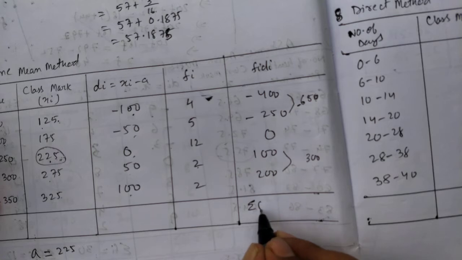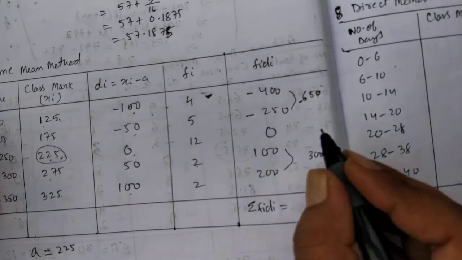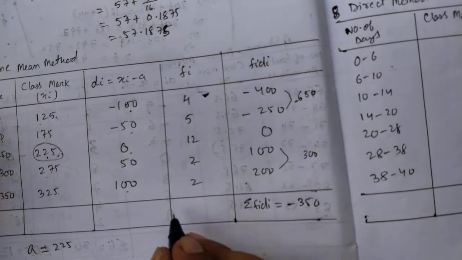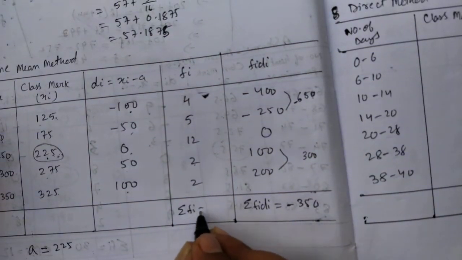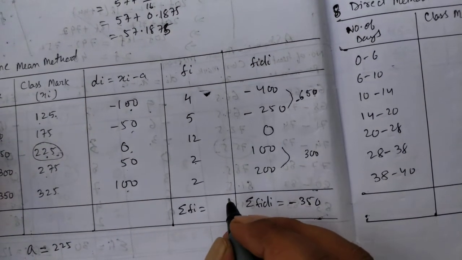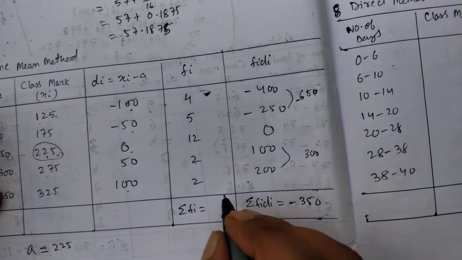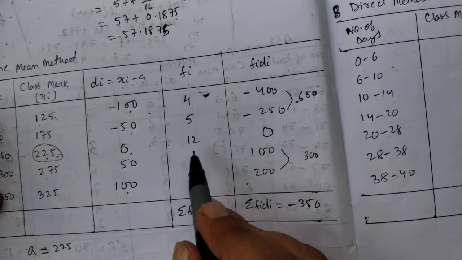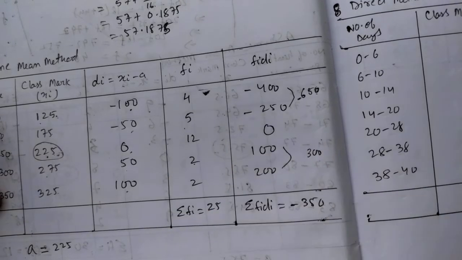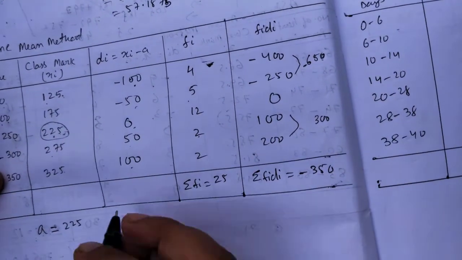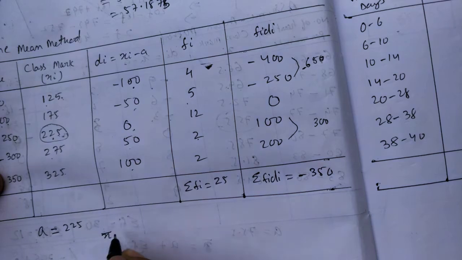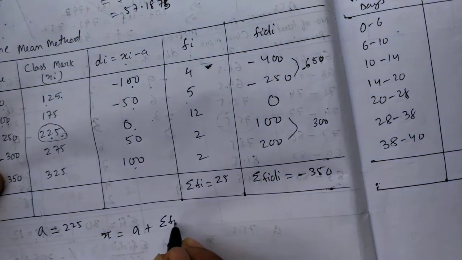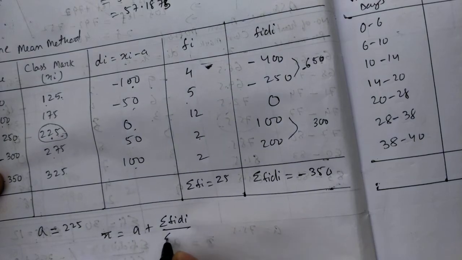So summation fidi will be minus 350, and summation fi is the total of this, which is 25. So you got everything. Use the formula: mean equals A plus summation fidi by summation fi.